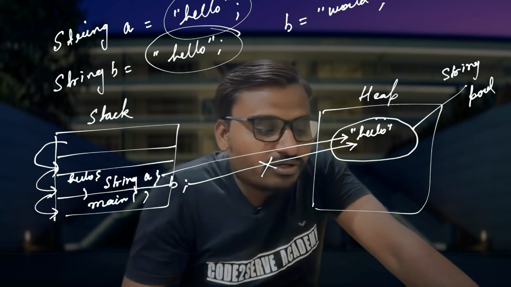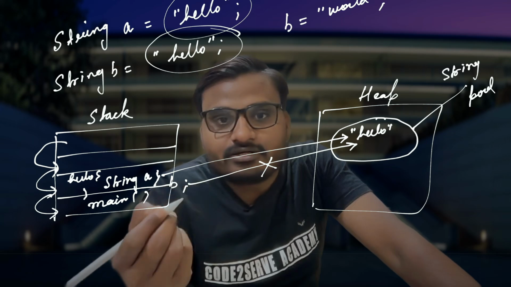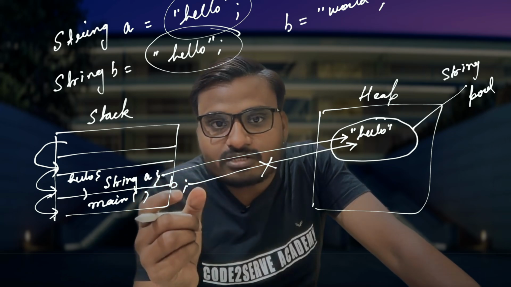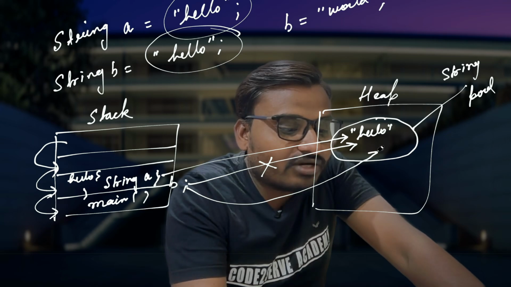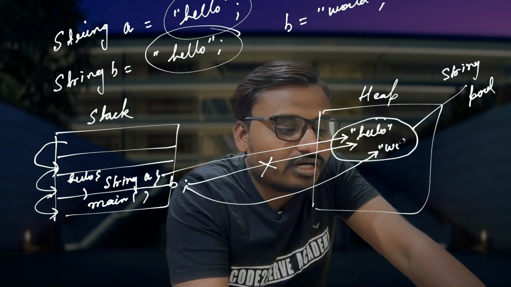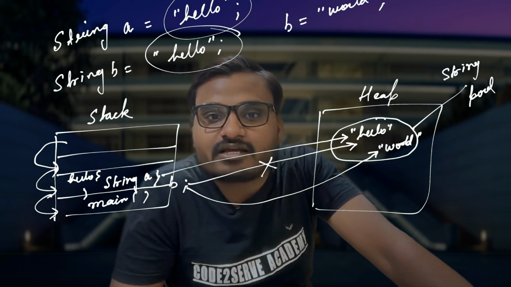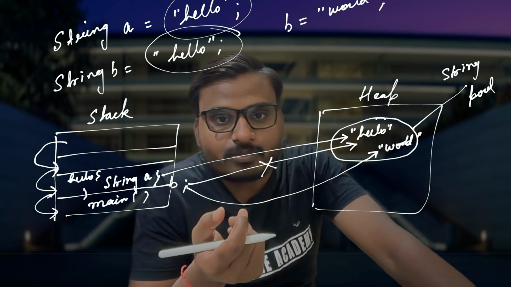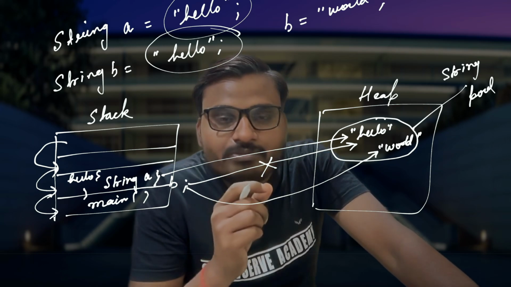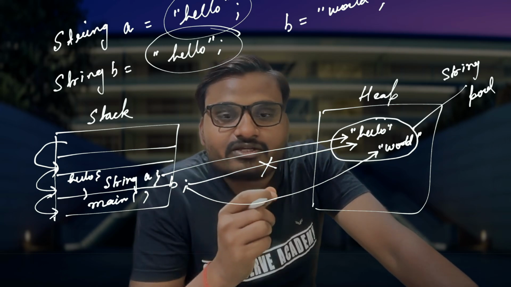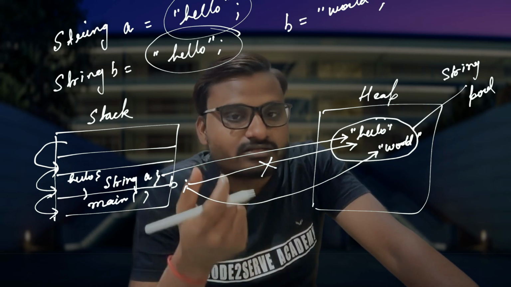Now here what will happen? b will refer to another literal in the string pool, that is like here. Now it will refer to world, and that is also present inside the string pool, right? So now we have covered how, whenever we declare using string literals, where the string is getting saved or stored.